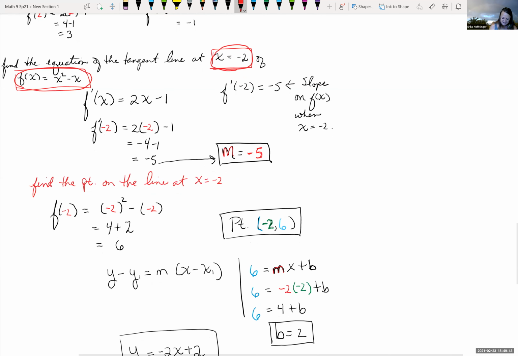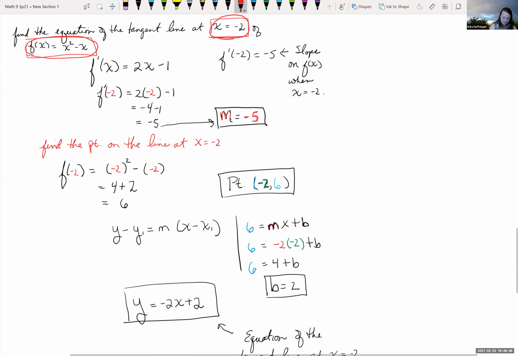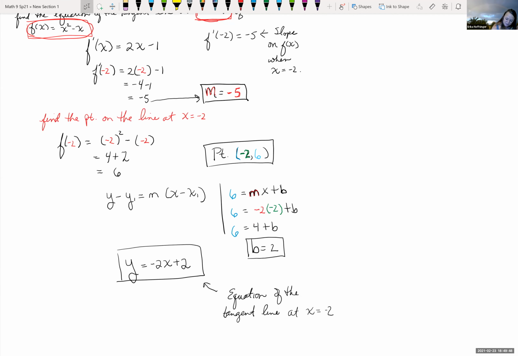So really, this whole thing is going to change because this m should have been -5 instead of -2. Let's just get rid of that. So our y value is 6 equals now our slope, which should have been -5, times our x value, which is -2, plus b.